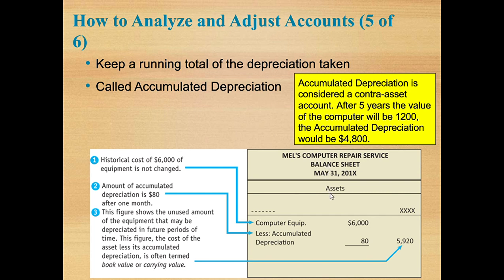So when I go down to assets and I have cash, accounts receivable, supplies, equipment, when I come down to computer equipment, I'm going to see the $6,000 computer equipment that I purchased. And in this first month, I am going to take away less accumulated depreciation. So for the first month, I'm going to allocate accumulated depreciation of $80. Therefore, after the first month, I'm going to show a book value or a carrying value of $5,920.